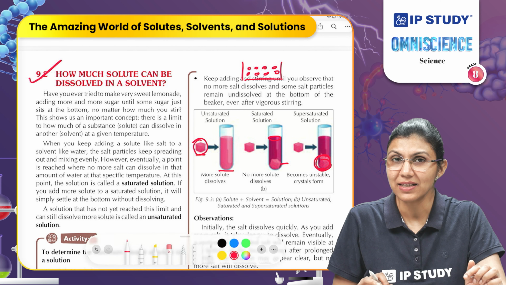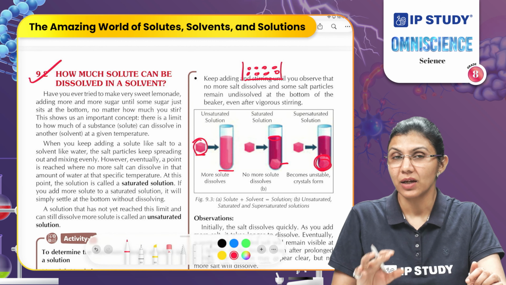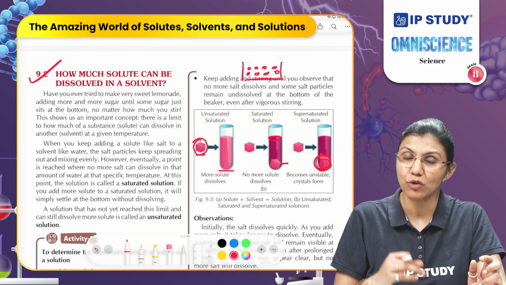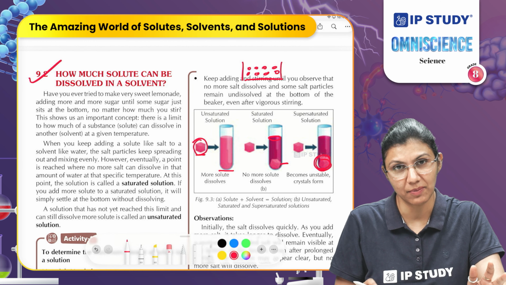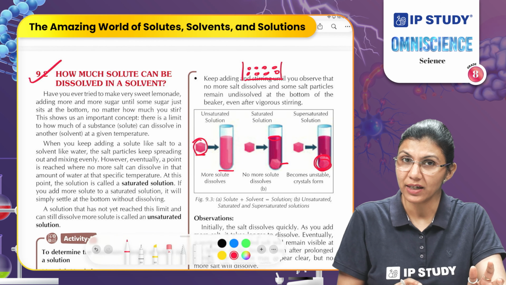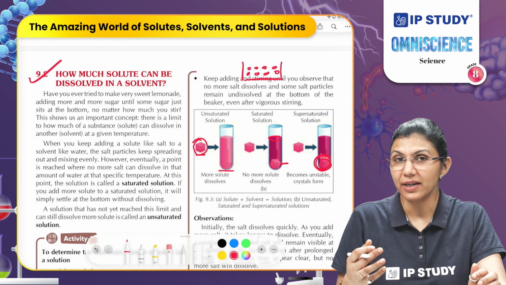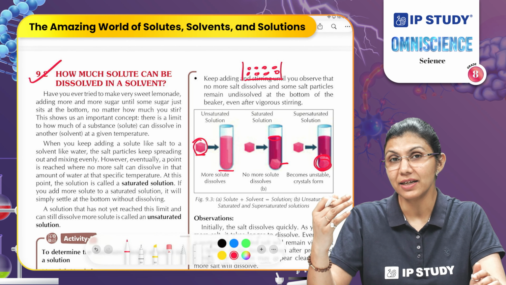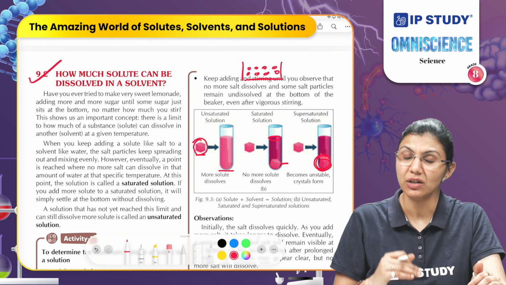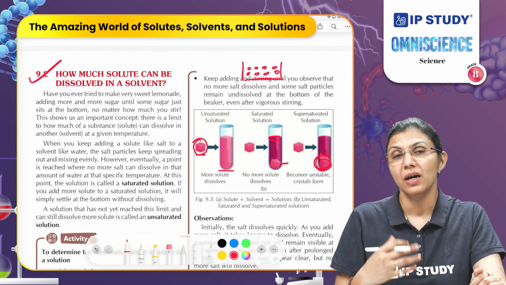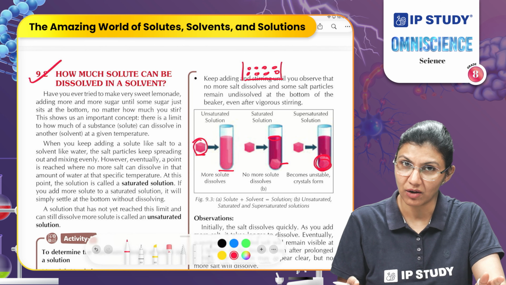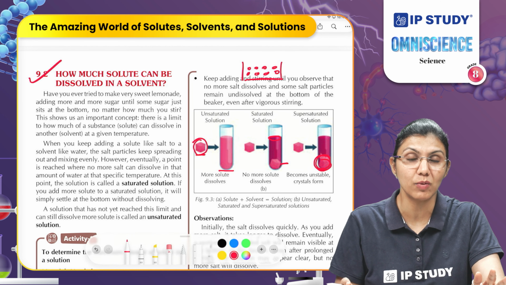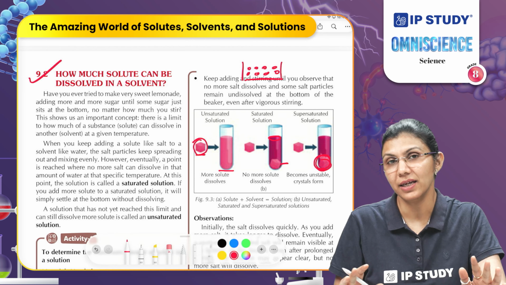So what is the factor which is regulating the ability of any solute to be dissolved in a solvent? That is the temperature here. By regulating the temperature, by increasing or decreasing it, we can change the amount of solute which is being dissolved in a solvent. Means it can affect the solubility of any solute in a solvent.